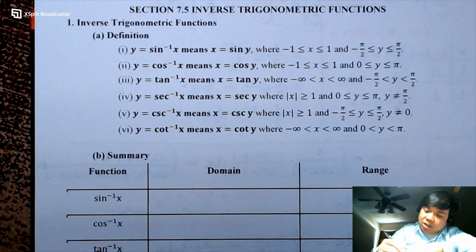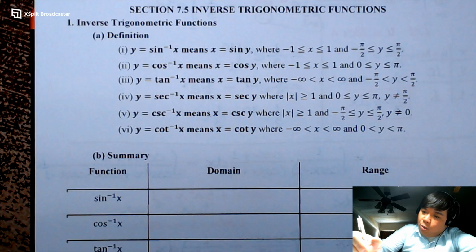So these two will have the same domain. So if we draw a line, it will be between negative 1 and 1 for the domain. So that is the domain for inverse sine and cosine.